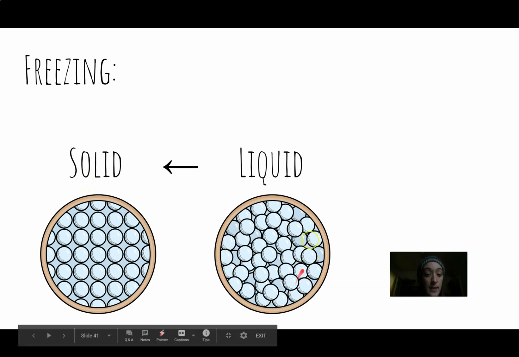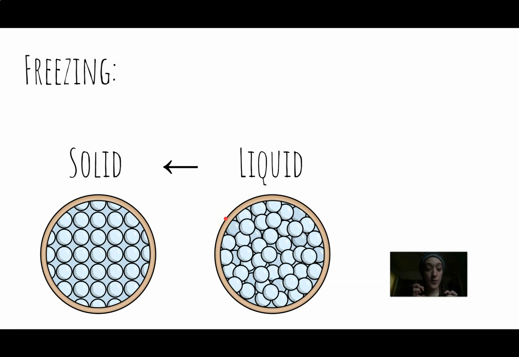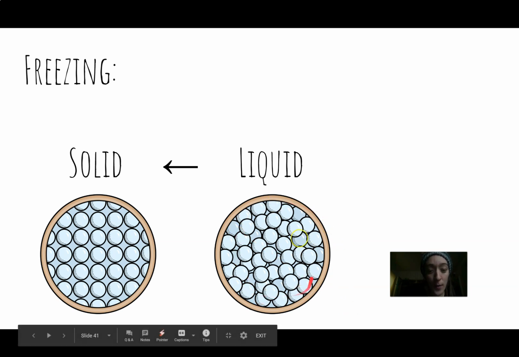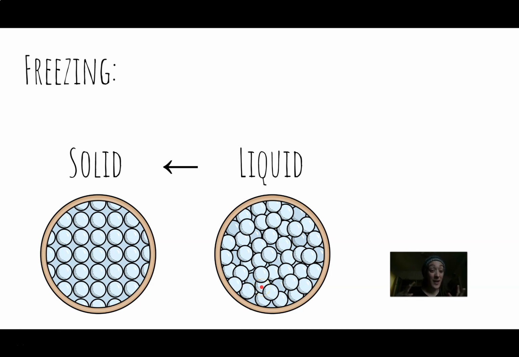Okay, so you can see in the liquid, the molecules are all loosey-goosey. They're not trapped in one place, right? They're not super, super tight. And if I were to draw it, I would probably draw it with a little bit more space between the molecules too, because they're kind of spread out, right? They have a little bit of wiggle room.